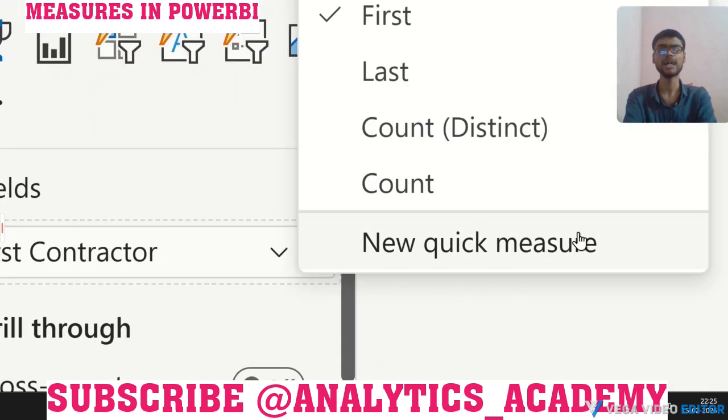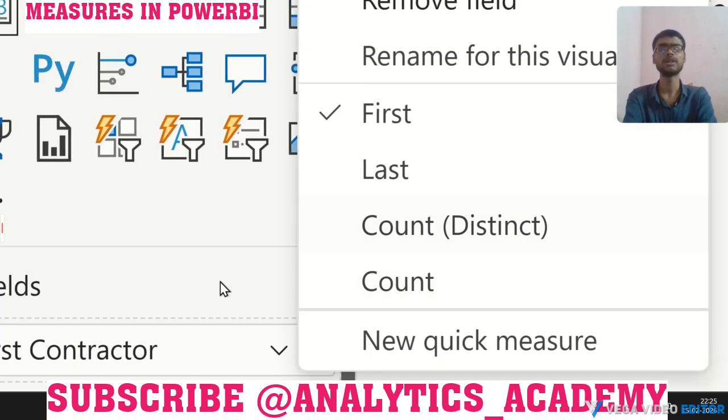And at the bottom you can see New quick measure, that is the explicit measure. These four functions are predefined, and they are called implicit measures.